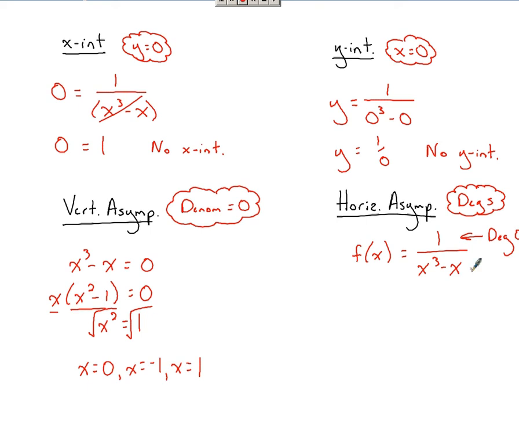And in the denominator, highest power of x is 3, so degree is 3. Meaning, degree in the numerator is less than degree in the denominator. Whenever that happens, horizontal asymptote is y equals what? Remember? 0.